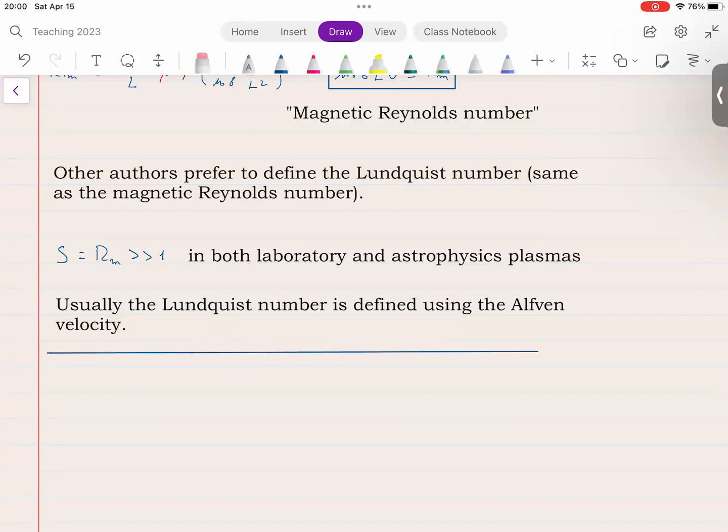Now we can close this part. I'm going to give you just one more brief discussion of something else.